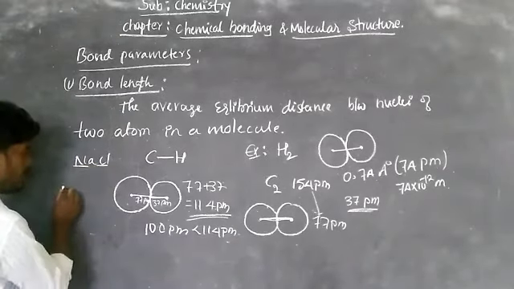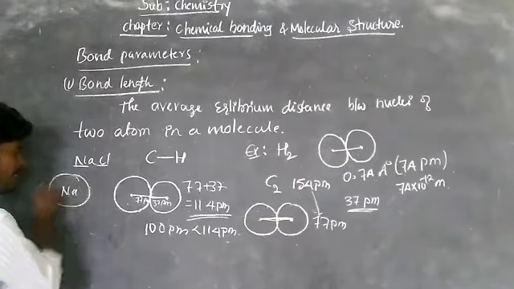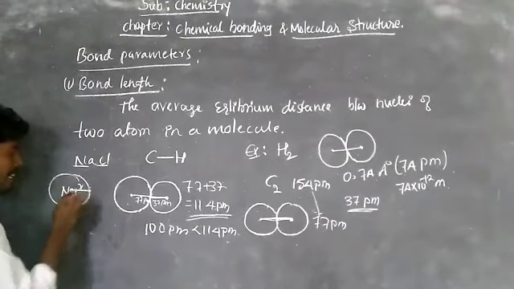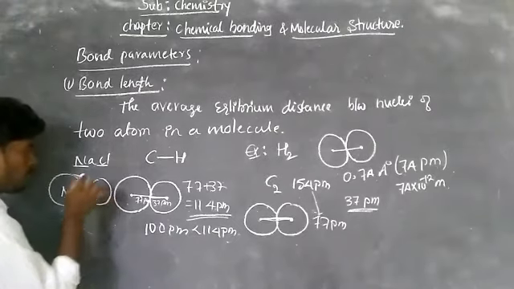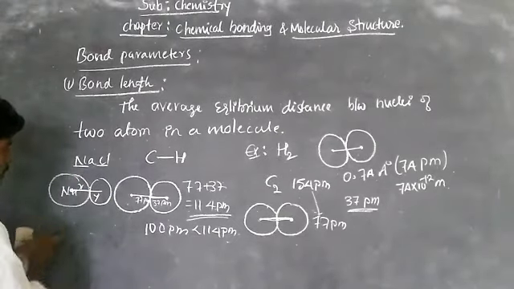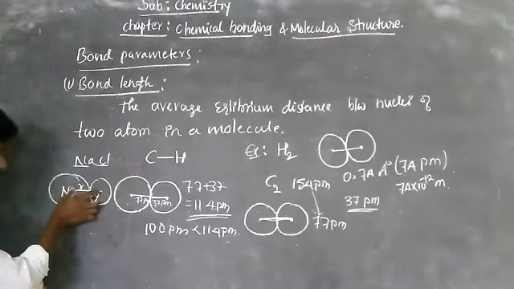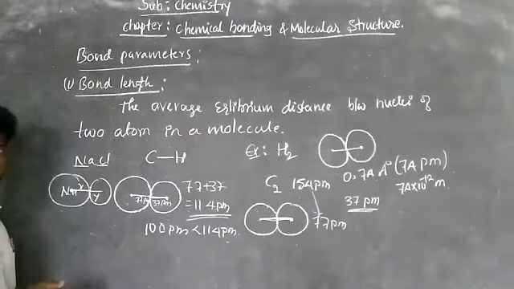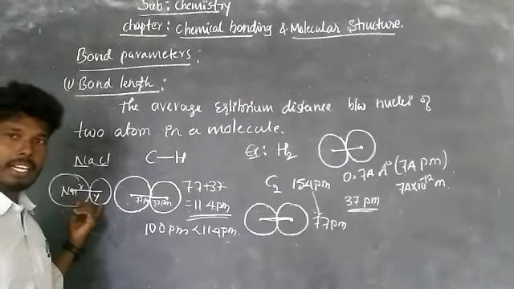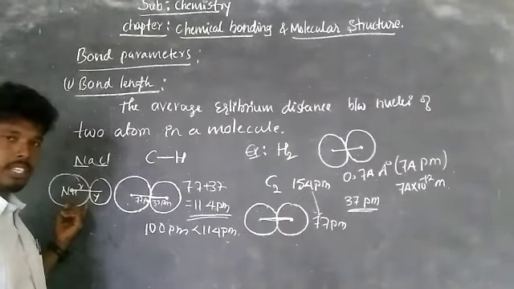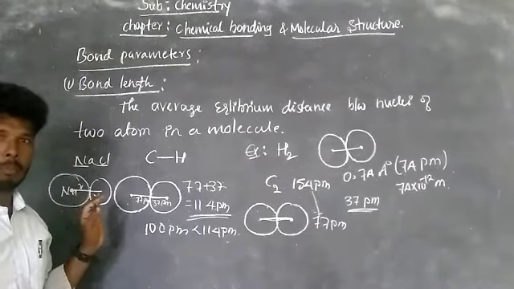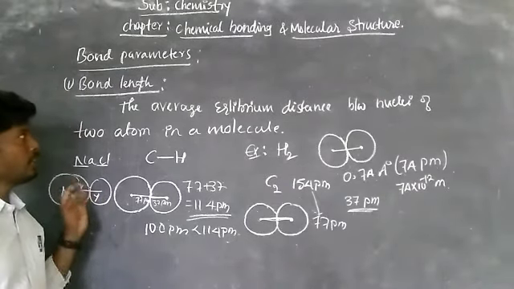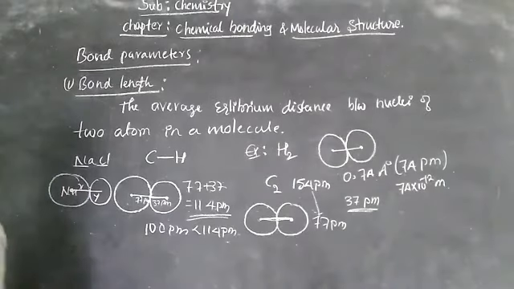Let's take the sodium atomic radius as X and the chlorine atomic radius as Y. So the sum of the radii is nothing but the bond length in ionic compounds. Here the ionic radii, or the bond length, doesn't change in ionic compounds. Okay, so this is the bond length concept.